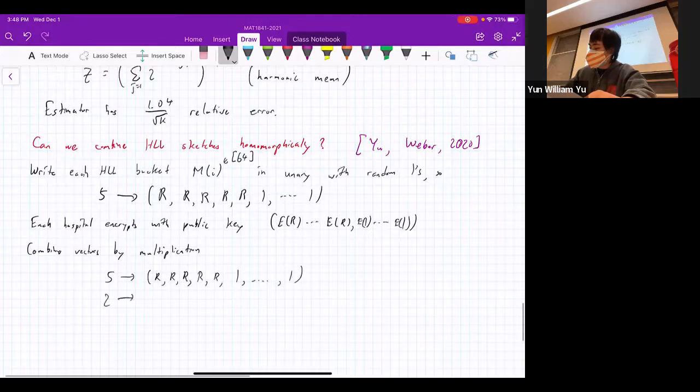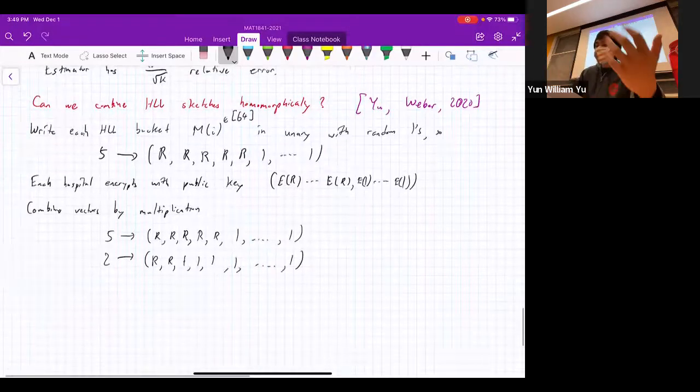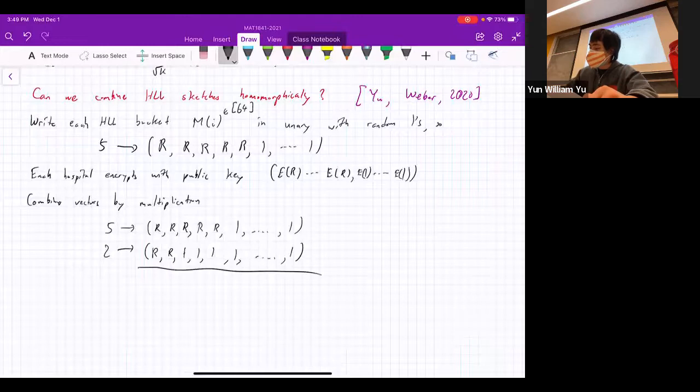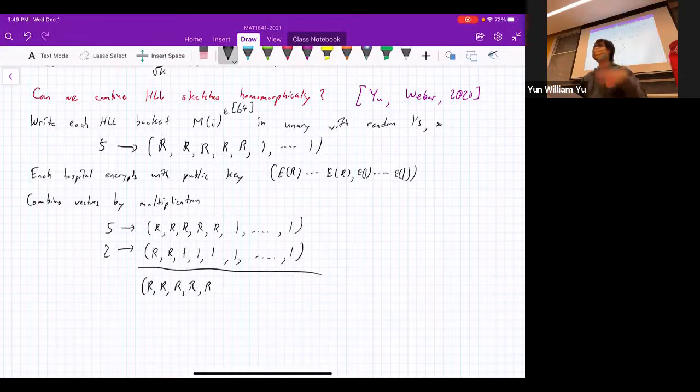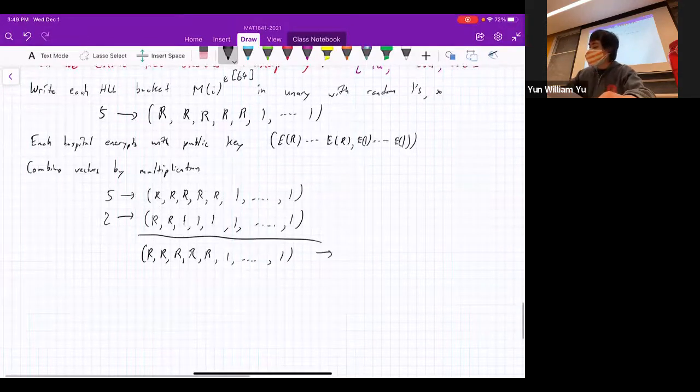And let's say you had a 2, that's going to be R, 1, 1, 1, 1. When you multiply these together, what you end up getting is R, 3, 4, 5. Because of course a random number times a random number is some other random number, and you end up with this thing, which gives you 5. And so what you get is this is equal to the max of 2 and 5.